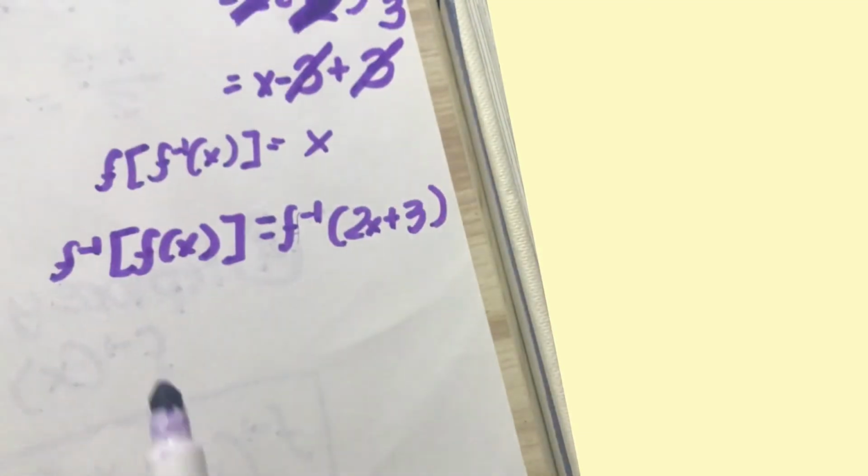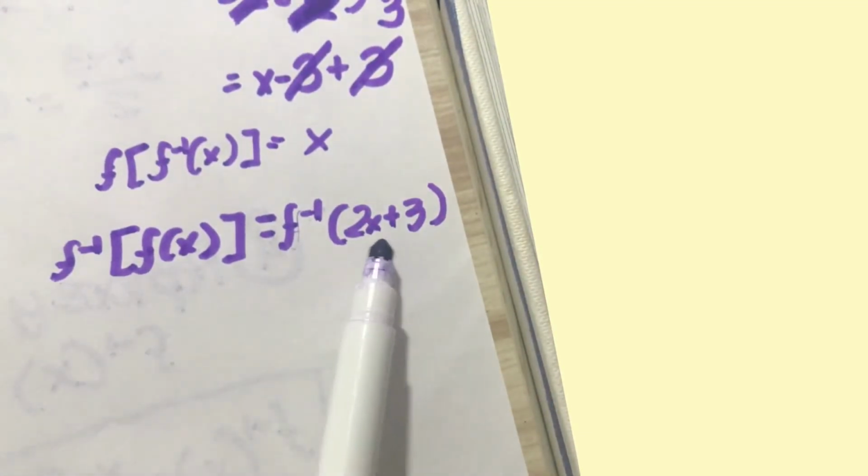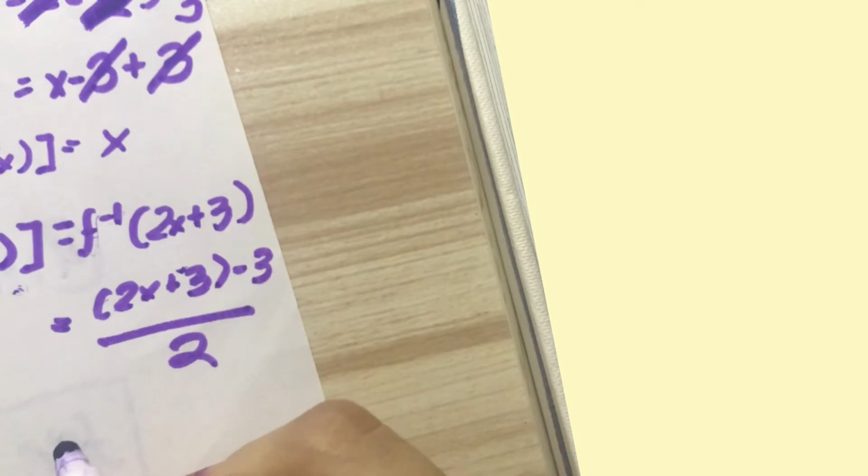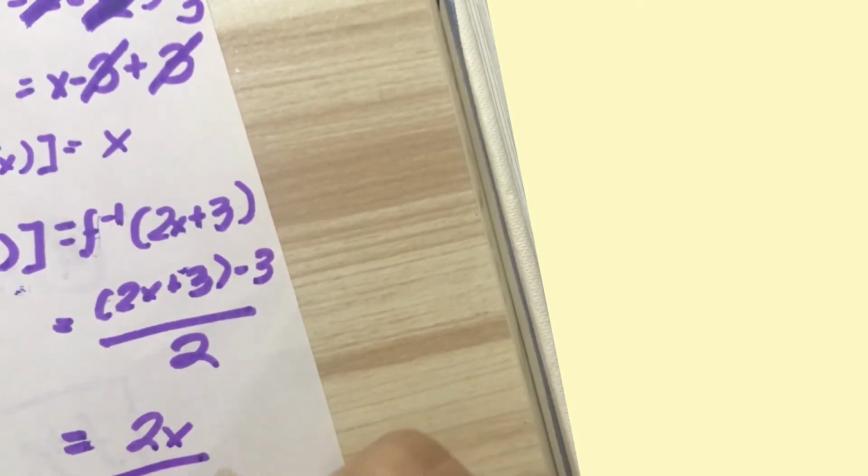So let's continue checking. The value of x will now be the value of the function, which is 2x plus 3. So we will incorporate 2x plus 3 to the solution of the inverse function. So that's 2x plus 3 minus 3 over 2. Positive 3 minus 3 is equal to 0, leaving us with 2x over 2.